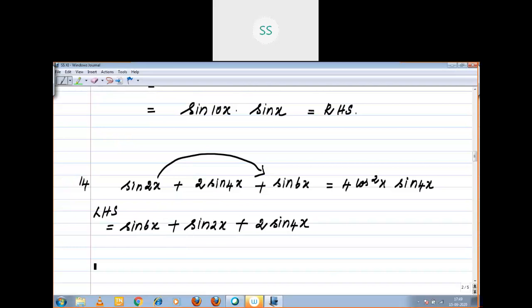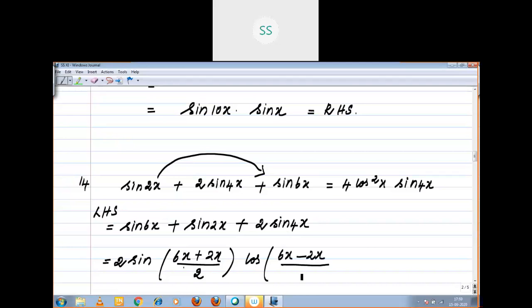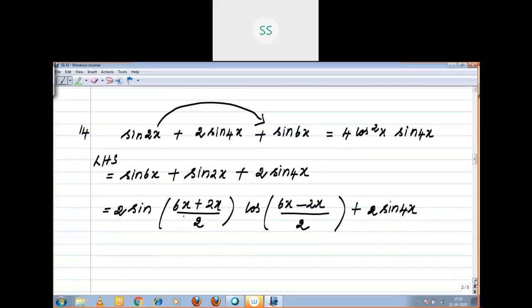The left hand side I did the modification without disturbing the given. sin A plus sin B, 2 sin of (6x plus 2x) by 2 into cos of (6x minus 2x) divided by 2, plus 2 sin 4x.